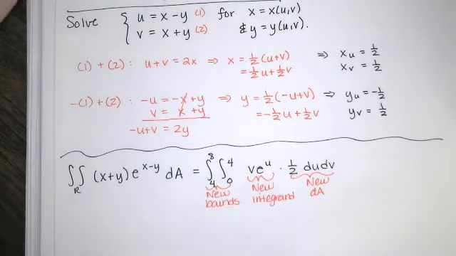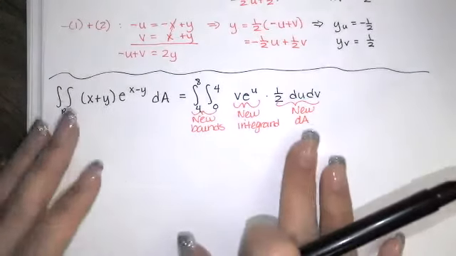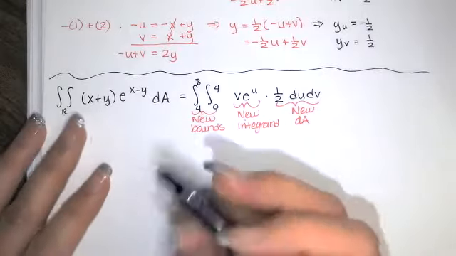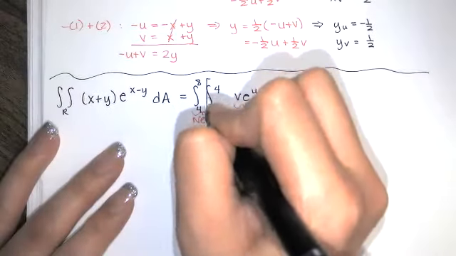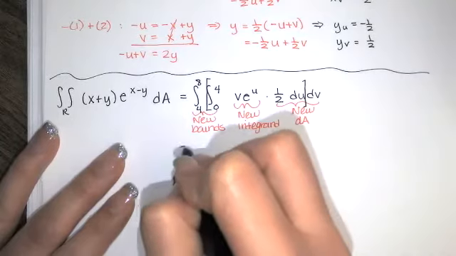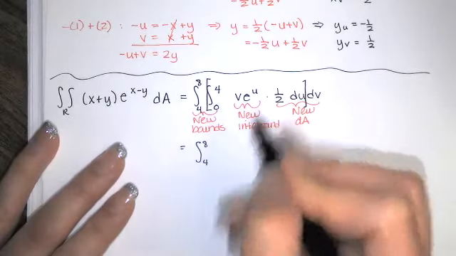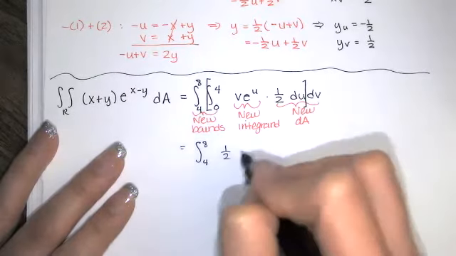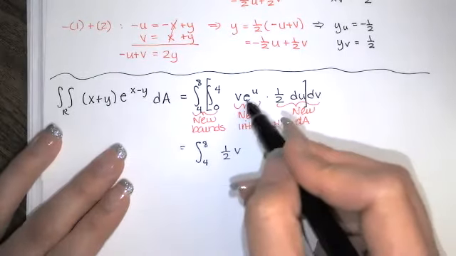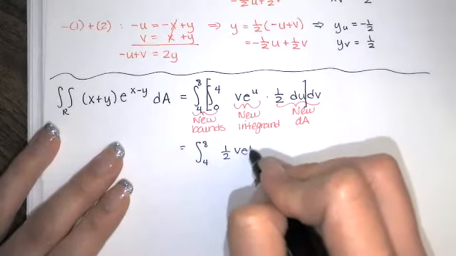Nice and easy. Now let's integrate with respect to u first and then v. We're going to start on the inside and work our way out. 1/2 is a constant, v is a constant. Antiderivative of e to the u with respect to u is e to the u.